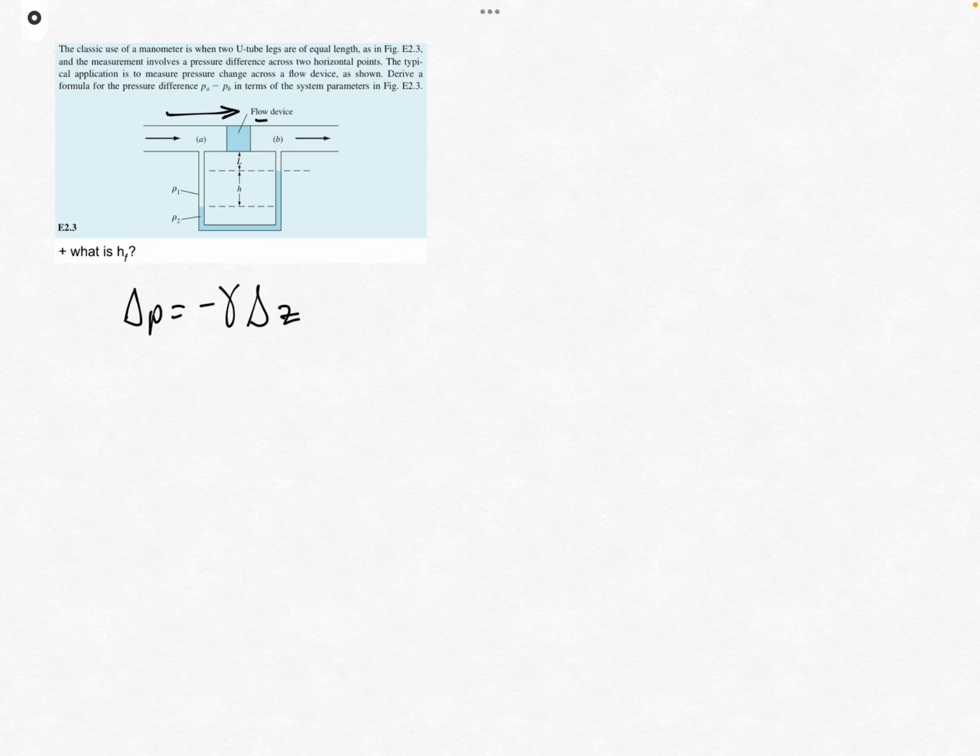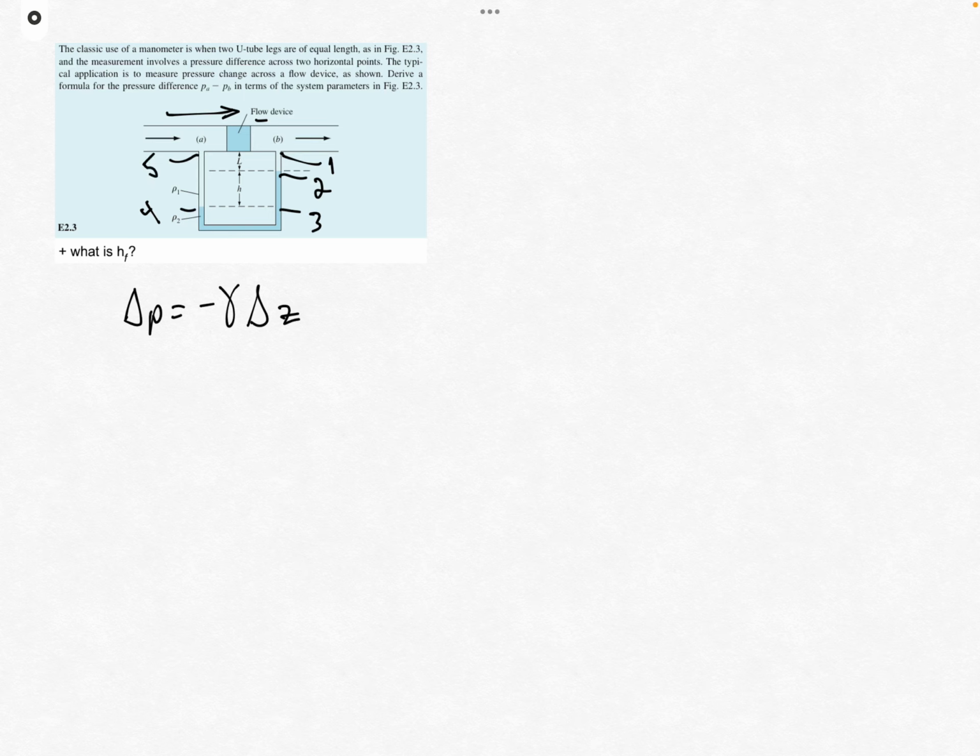To help us get started on this, I think it's helpful to label all the different locations within this system. We'll label them starting from here. I'm going to call this point 1, call this 2, call this 3, call this 4, and then finally this location is 5.